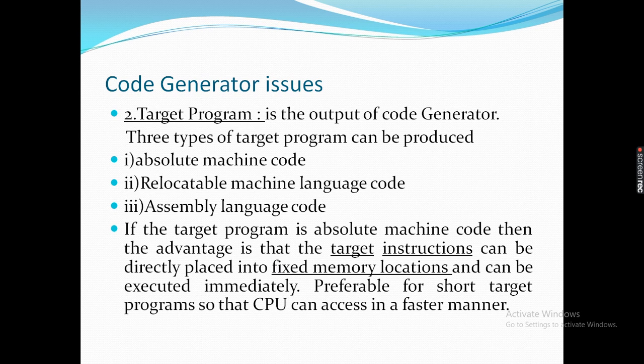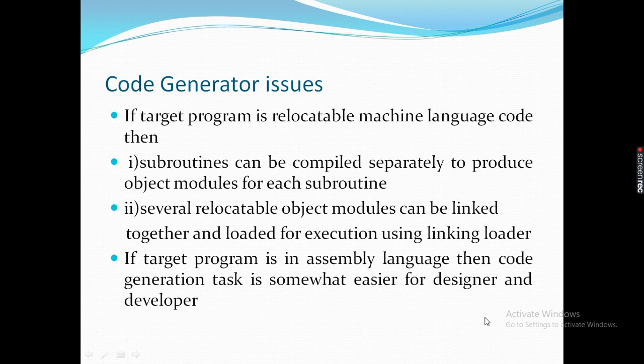There is no scope for shifting those instructions into a different area in memory. Absolute means fixed, so the loader will simply load the instructions into fixed memory locations. So this is preferable for short target programs so that the processor can access them in a faster manner.